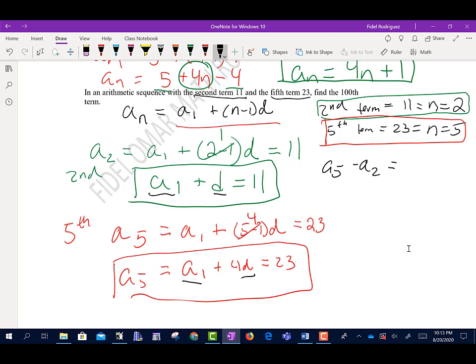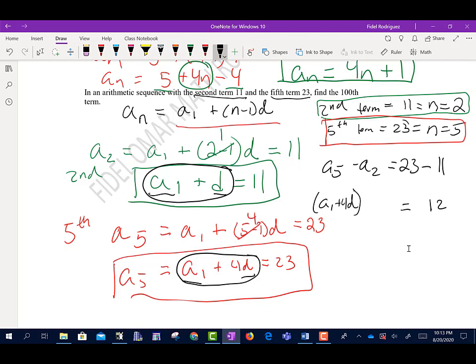We know that the fifth term was the number 23, and the second term was 11. 23 minus 11 is just going to give me 12, but we also have a formula for the fifth term and a formula for the second term. So the fifth term is a1 plus 4d, minus the second term, which was a1 plus d.